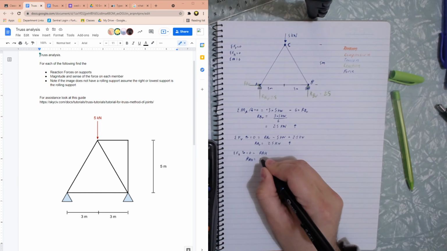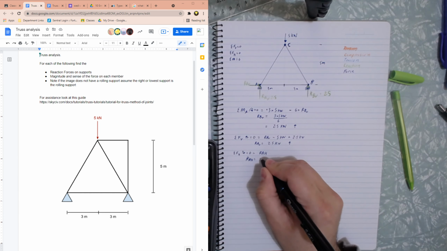So let's break down this particular force over here into horizontal and vertical components. This force over here is going to be force BC.